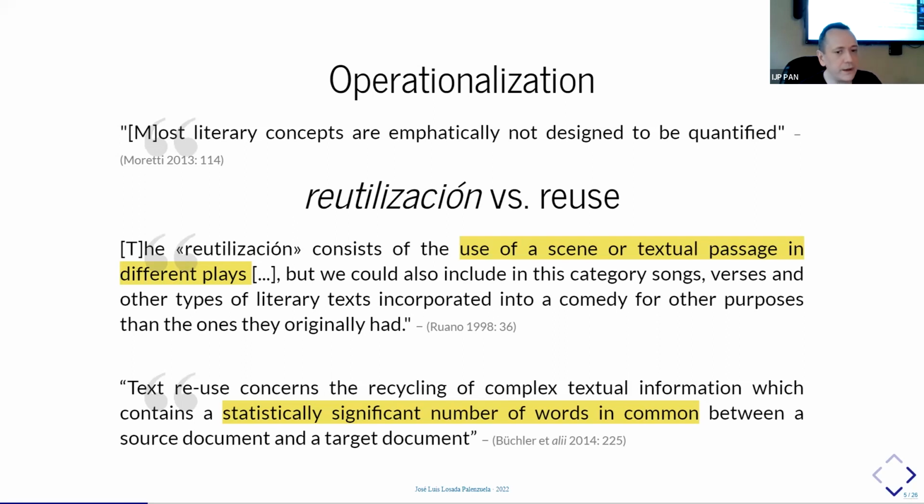I merged this one with a more quantitative one: text reuse concerns the recycling of complex textual information which contains a statistically significant number of words in common between a source document and a target document.